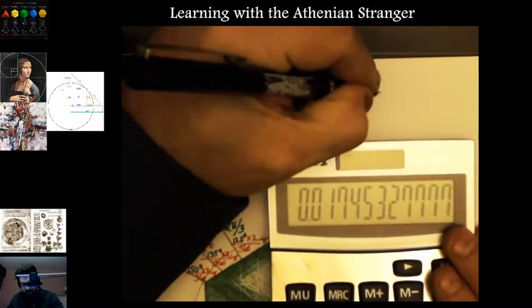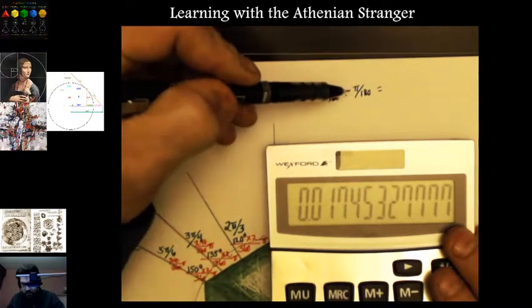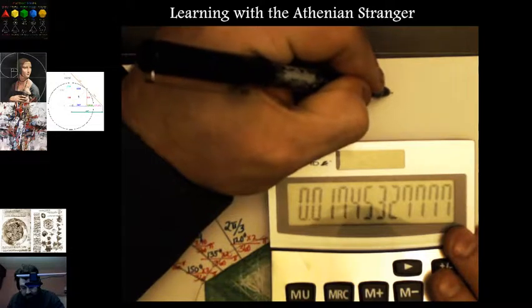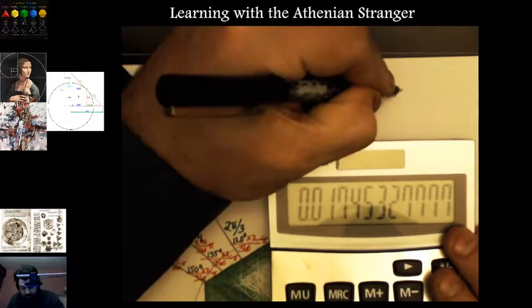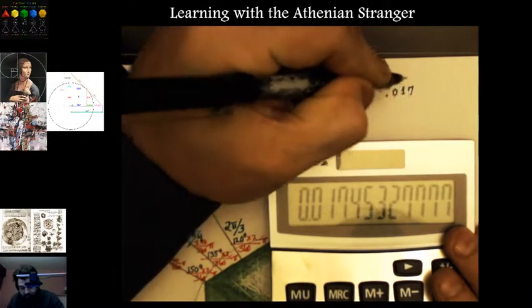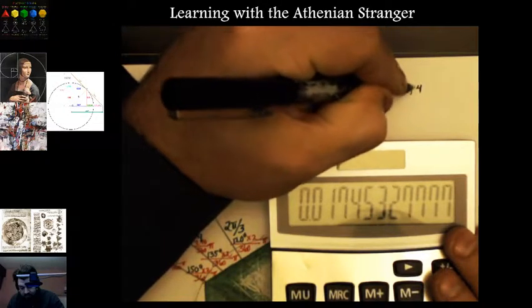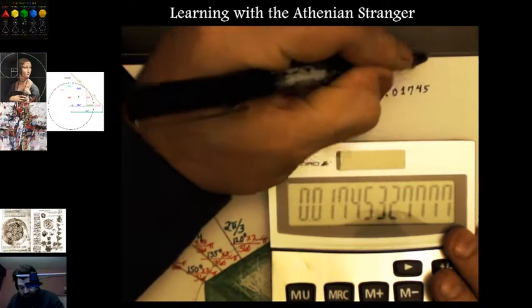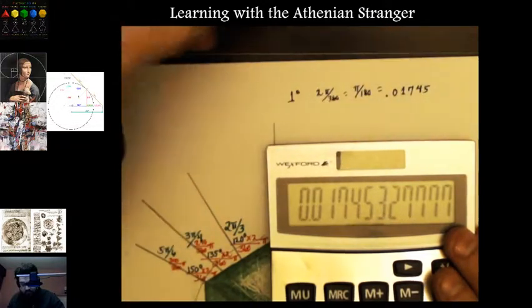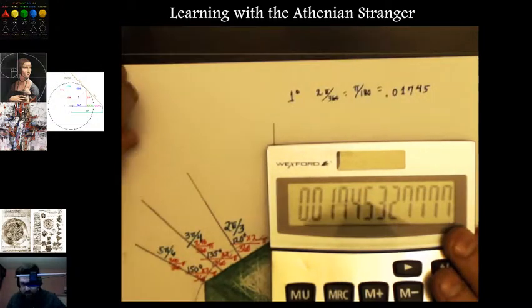So that pi divided by 180, remember this is just a number, and that number is 0.01745, and we'll just take it out to the 5th decimal place.